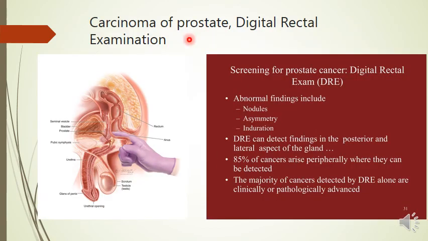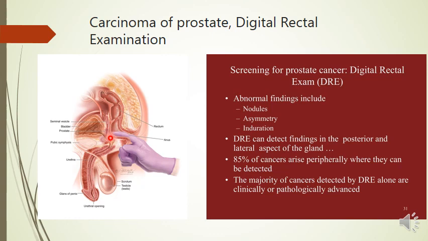Then another thing is carcinoma of the prostate, and also other conditions wherein there is enlargement of the prostate. We do the digital rectal examination, DRE. So here, through the anal opening, the finger is inserted, and what surface is palpated?